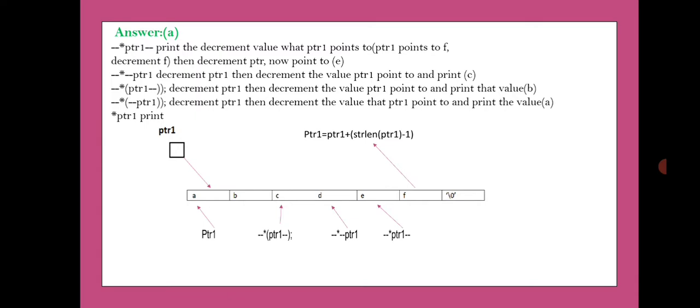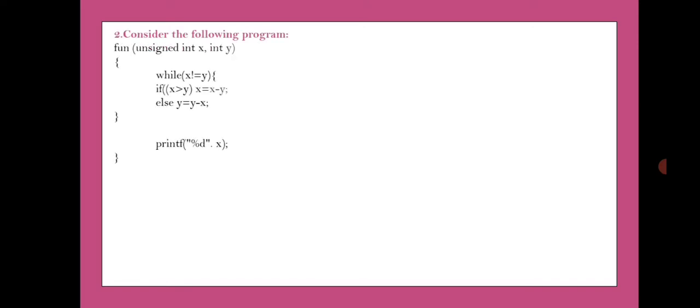Let's move on to the next question. Considering the program, func takes two arguments, unsigned int x and int y, and while x is not equal to y, if x is greater than y, x equals x minus y, else y equals y minus x. Printf %d x. What does the above code do?